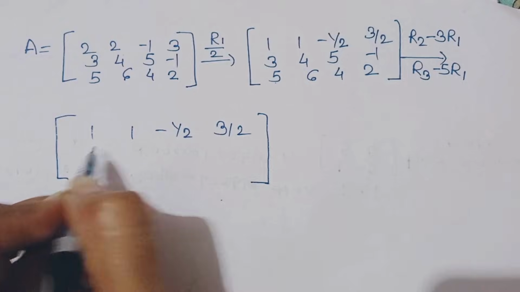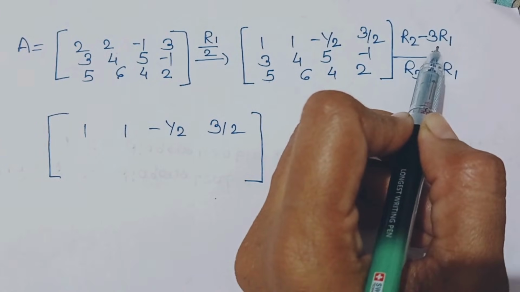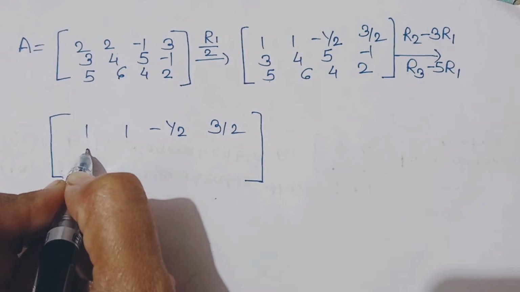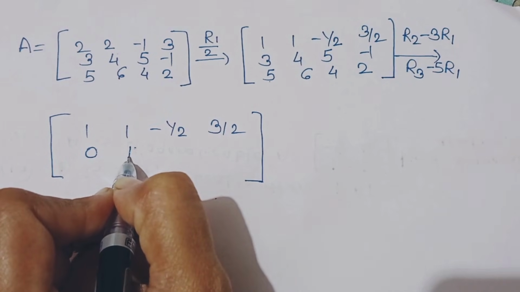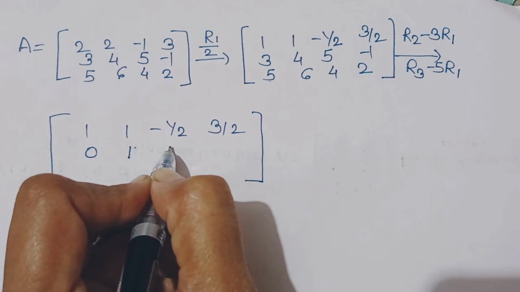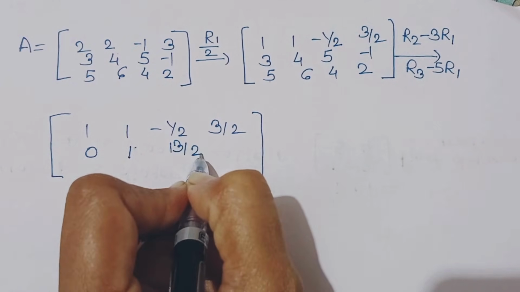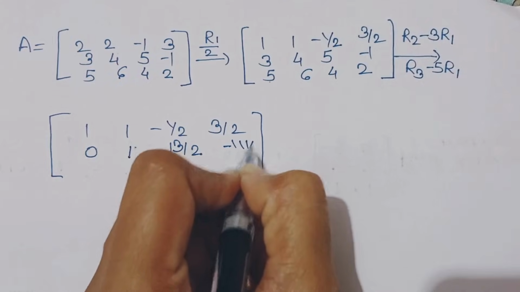The second row becomes, after the row operation R2 minus 3R1, 0, 1, then 5 plus 3 by 2 is 13 by 2, and minus 1 minus 9 by 2 is minus 11 by 2.